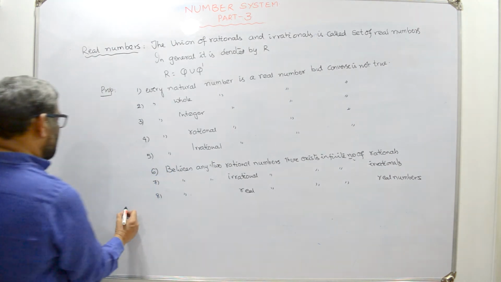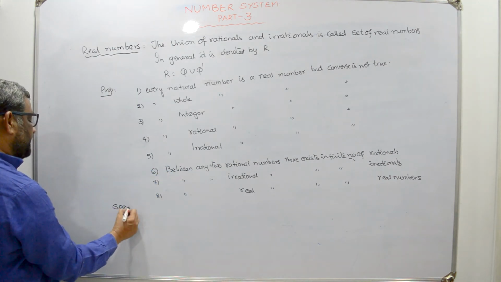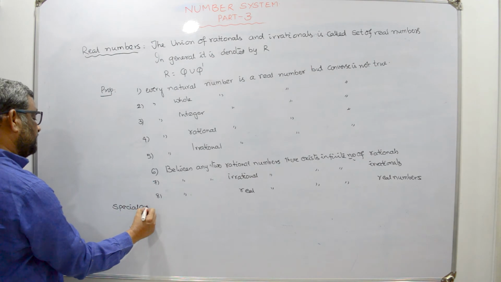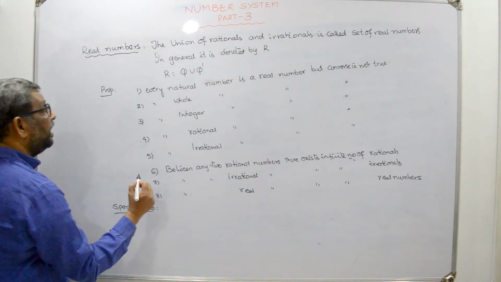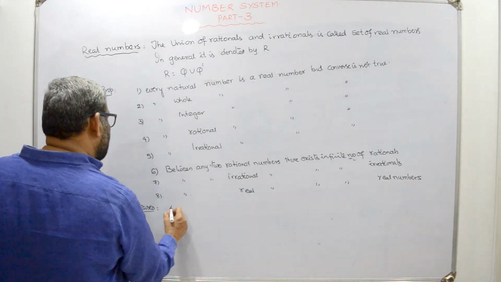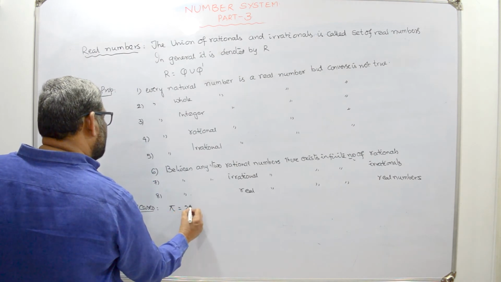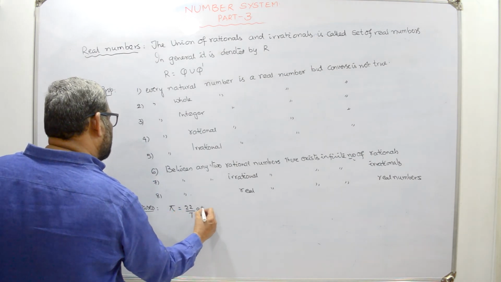Next, some special cases. Pi is equal to 22/7 approximately.